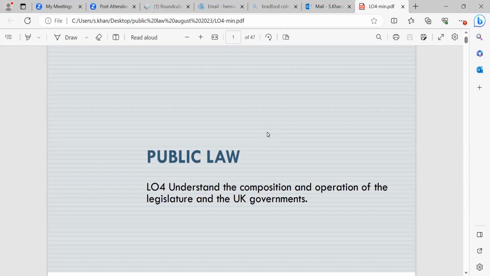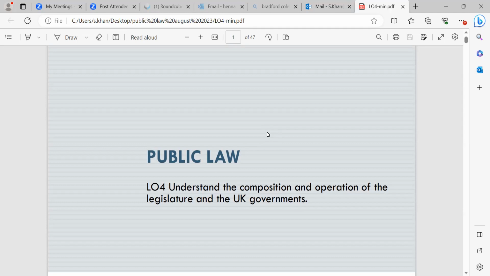We looked at what parliamentary sovereignty is in the UK and why it's so important, and why we need to look at the Human Rights Act in regards to parliamentary sovereignty. So we looked at the Human Rights Act. It came into force in 1998, but it came into force in October 2000.